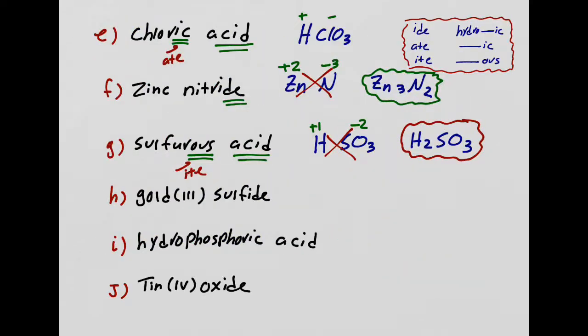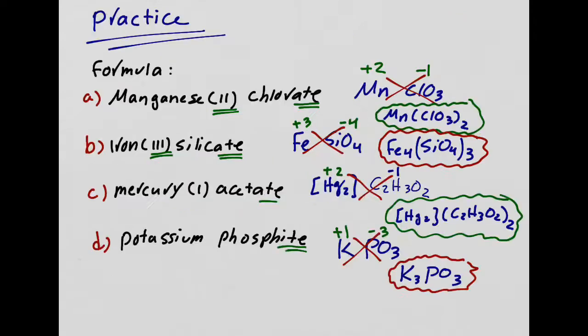All right, now gold 3 sulfide. Gold is Au. I'm telling you it has a +3 charge. Why am I telling you? Because gold is a transition metal. So I have to tell you what the charge is, because gold +1 exists, gold +3 exists. Sulfide, again, if you end with ide, that means you probably came straight from the periodic table. You used to be sulfur, right?